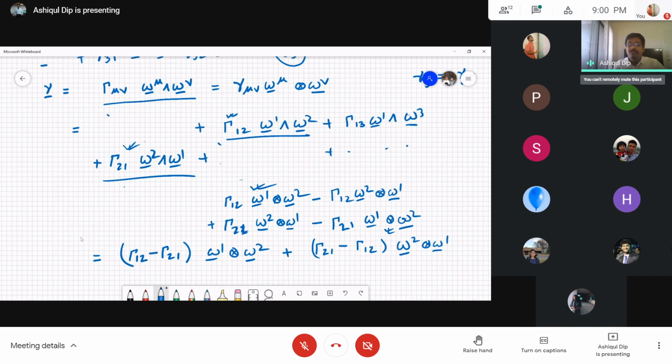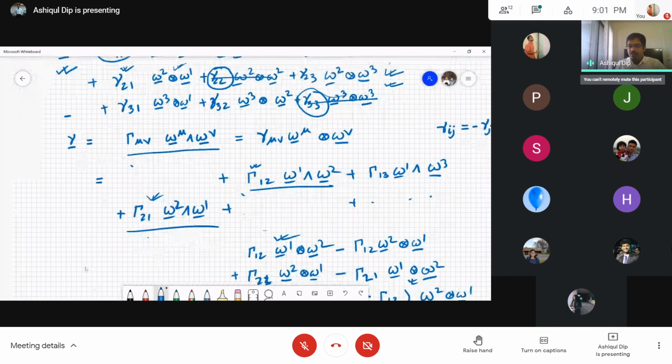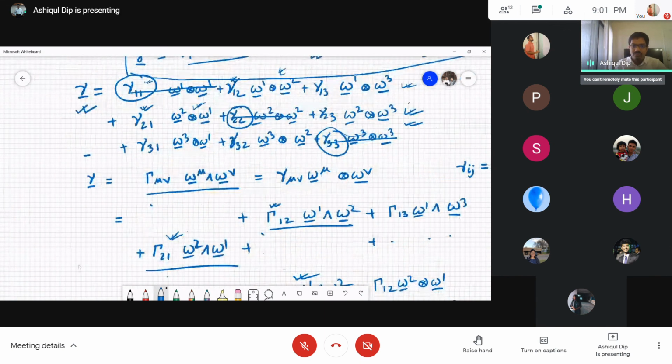We can do this pairwise, there are other components, but we just need to see these two, then we'll understand what's happening.